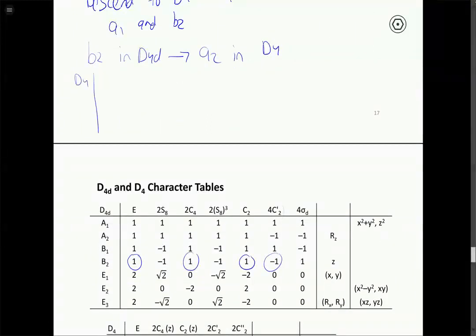And we have to apply each individual operation. So we're going to do the result of each operation on sigma 1.